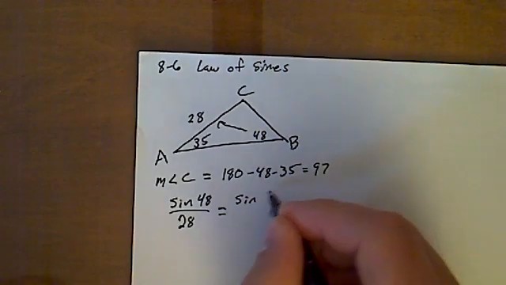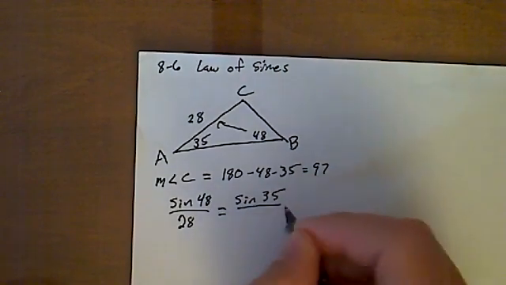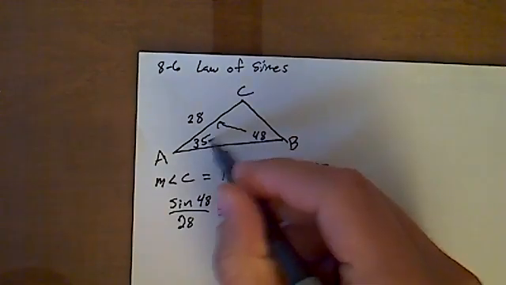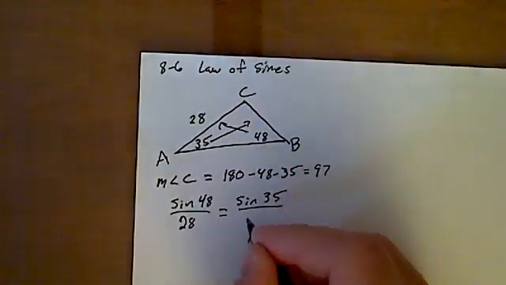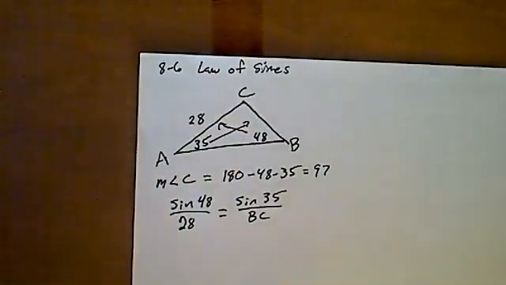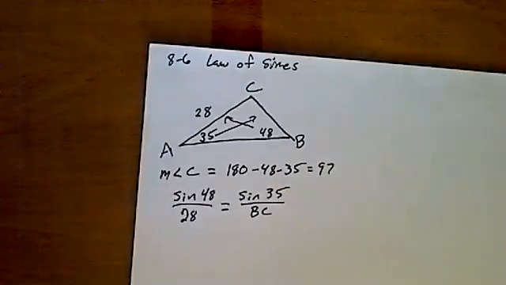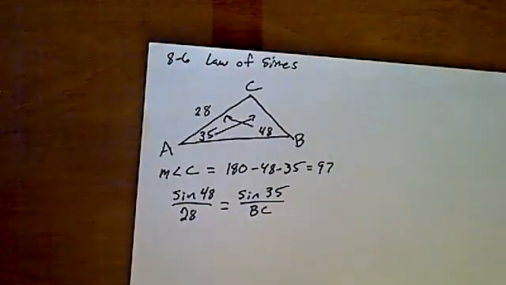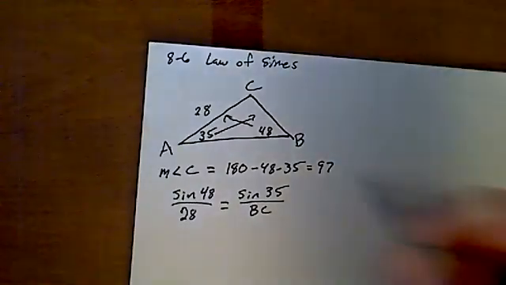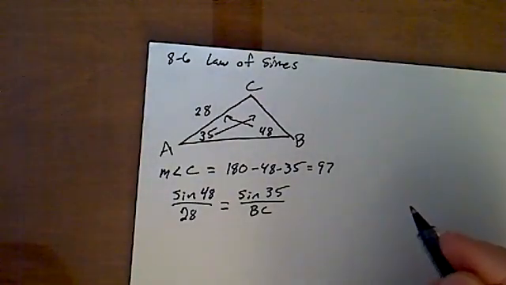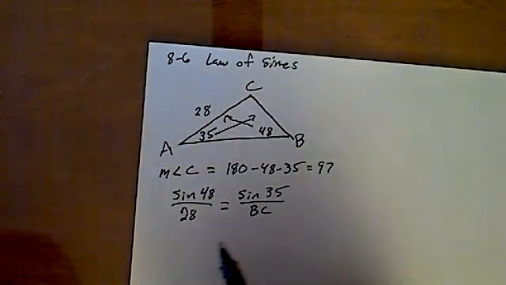Equals the sine of any other angle over its opposite. I'm using 35. The side opposite it is BC. Here now we have a proportion. And so we're just going to cross multiply and solve.